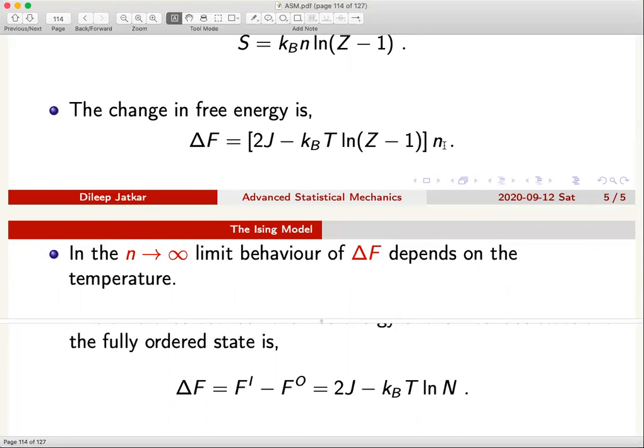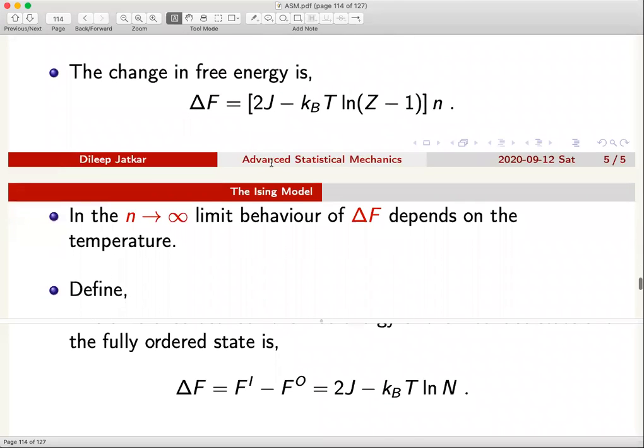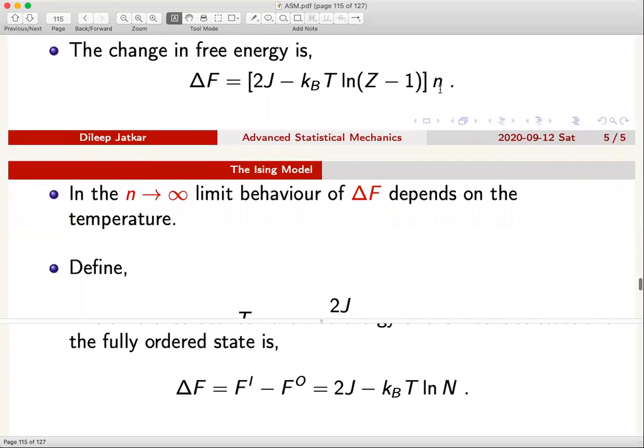Here n is not responsible for deciding whether delta F has a positive or negative sign. Even if you take the n going to infinity limit, it would still not tell you whether delta F is positive or negative. It depends upon what T is.